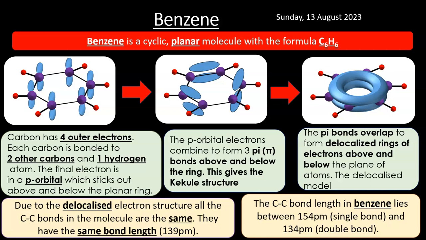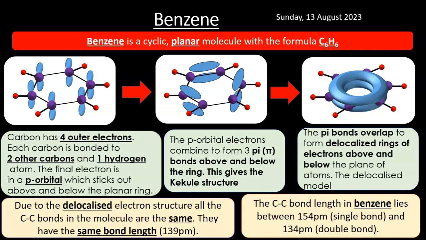So the 12 atoms, if you like, 6 carbon, 6 hydrogen, joined by sigma bonds, are sandwiched between the two donuts, if you will, of delocalized electrons, of which of course there are 6 because of the 6 p electrons.